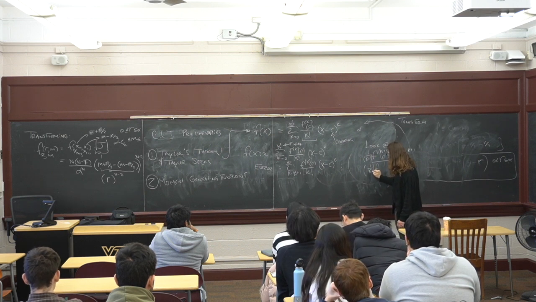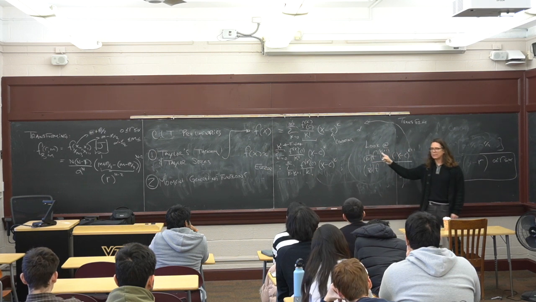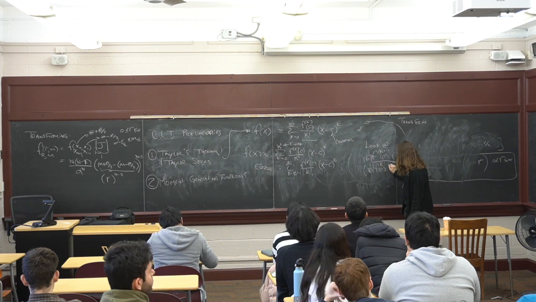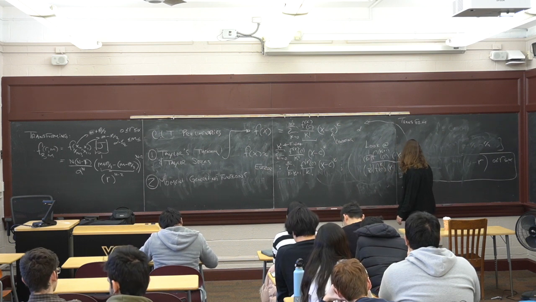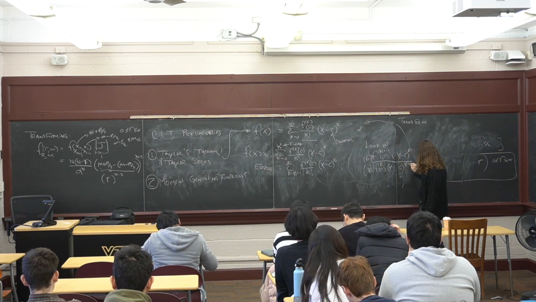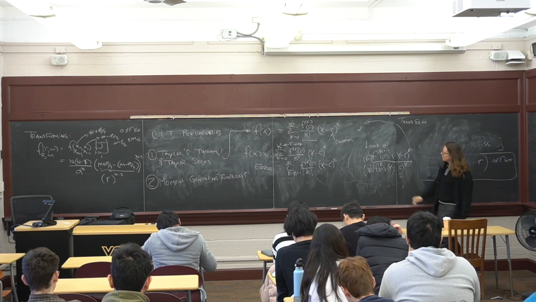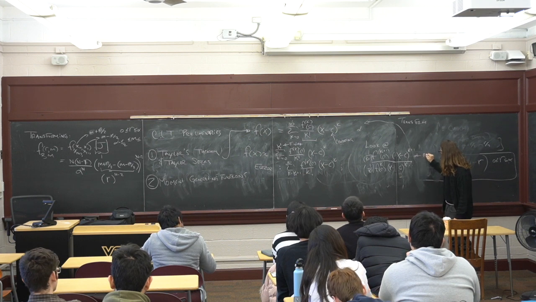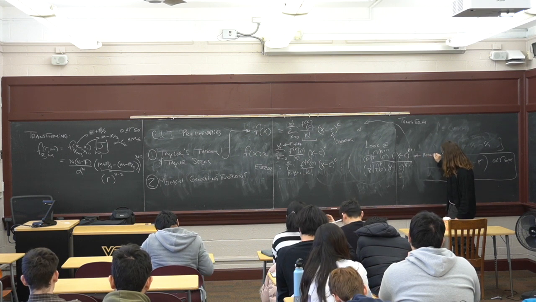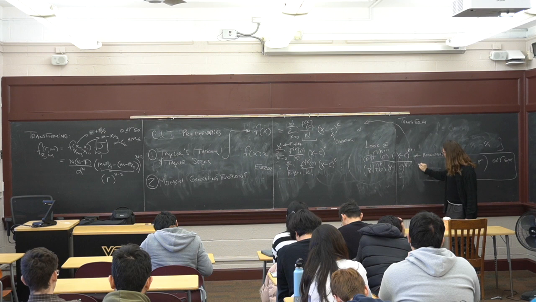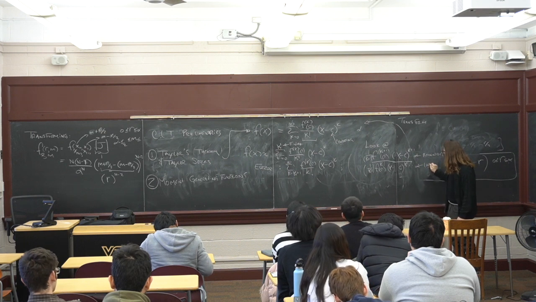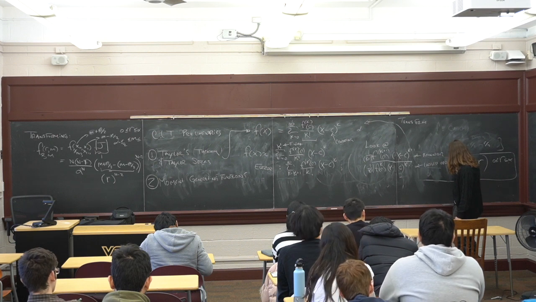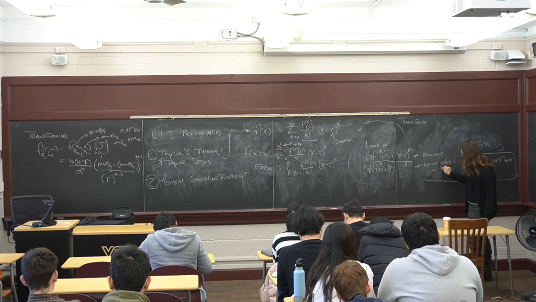We don't really need to worry about this term because it's never blowing up. So we're going to look at this term right here. This is the remainder, it's what's bounding everything, and this is the largest order term in the approximation.